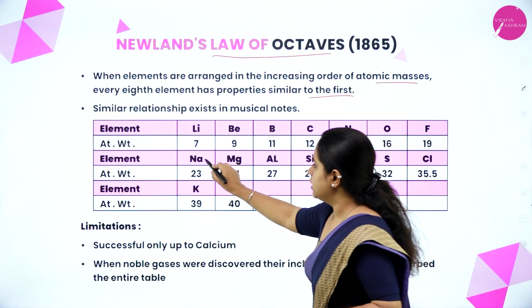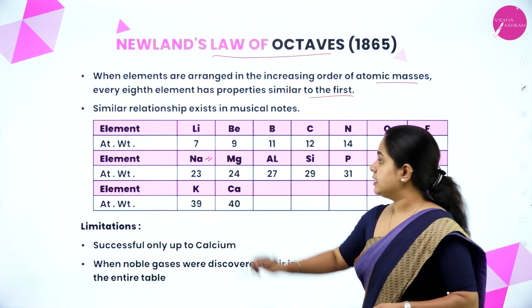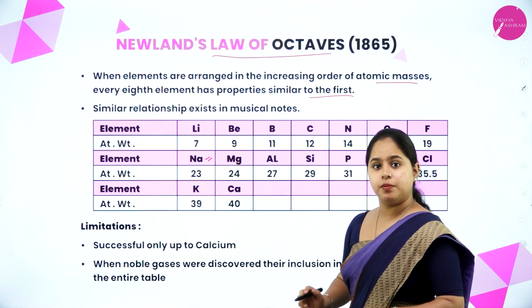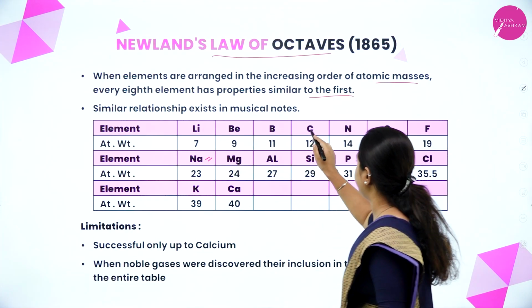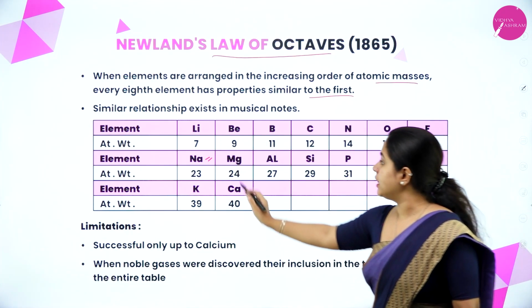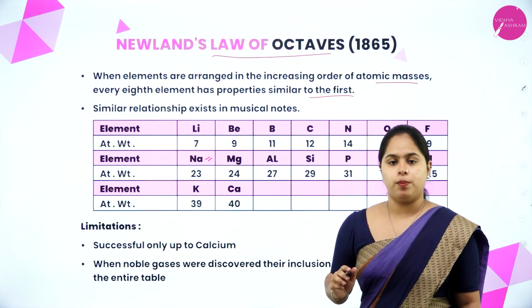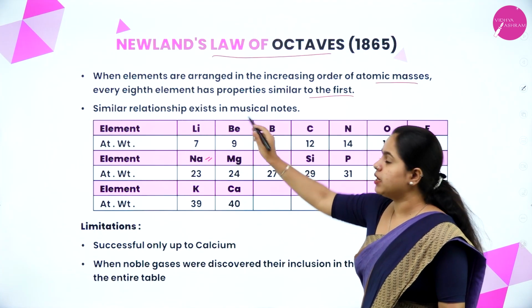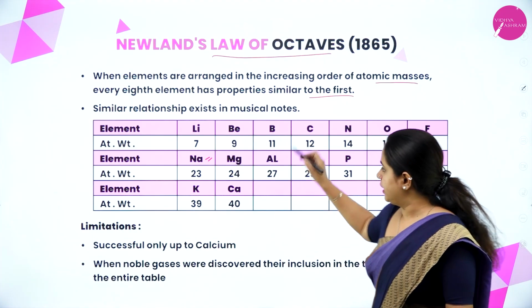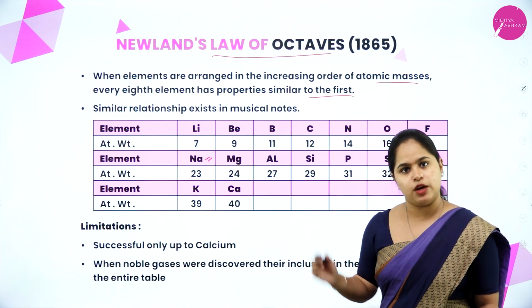Then you can see sodium. Yes, it comes under lithium. That means the next 8th element, after 1, 2, 3, 4, 5, 6, 7, the 8th element will have similar properties to the respective first one. The 9th will have similar properties to the second one, and the 10th will have similar properties to the third one. I hope it is clear.